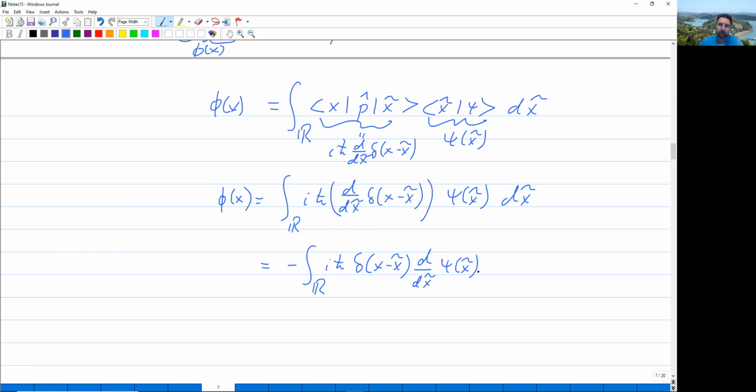Psi of x tilde, dx tilde, and then technically we also have the term which is i h bar, delta of x minus x tilde, psi of x tilde, from minus infinity to plus infinity. But of course, at minus and plus infinity, the Dirac delta cannot peak. It peaks at a finite value. So therefore, this thing is equal to 0. And we are just left with this.